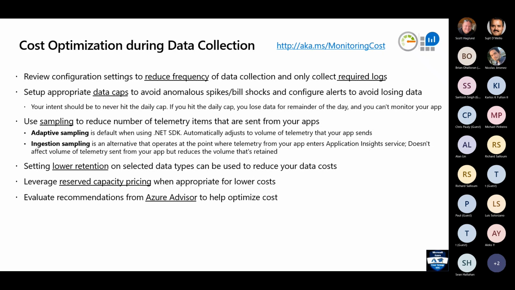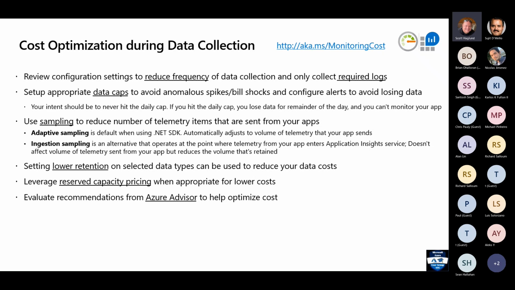The capacity tiers start at 100 gigabytes per day and provide discounts of up to 25%. It's like the pay-as-you-go virtual machine and reserve pricing for 1 to 3 years. You can do that also with the log analytics workspace, but that's after you become more mature and start to understand, well, I'm running at 50 gigs a month. Now let me start to pre-purchase that and take advantage of Microsoft discounting.